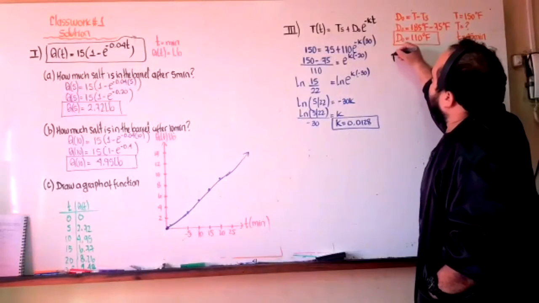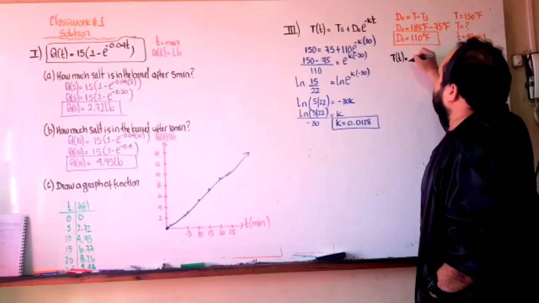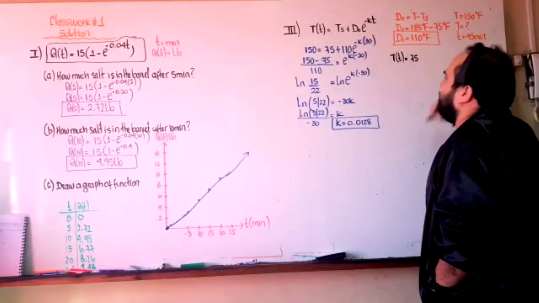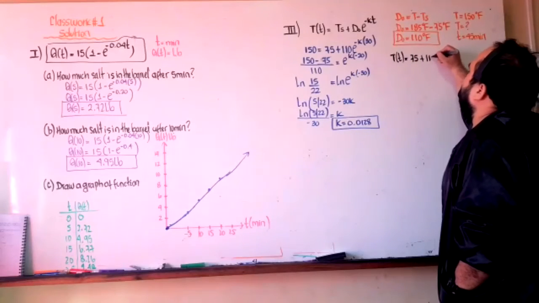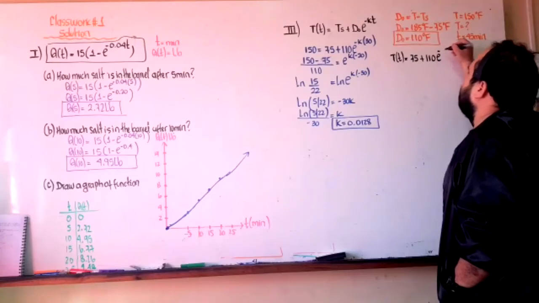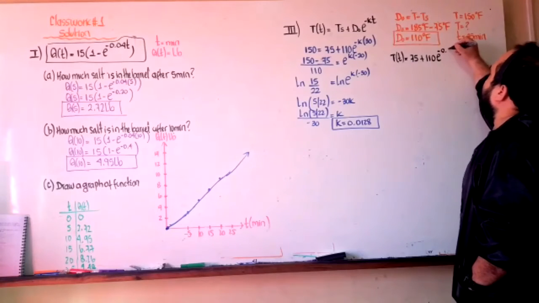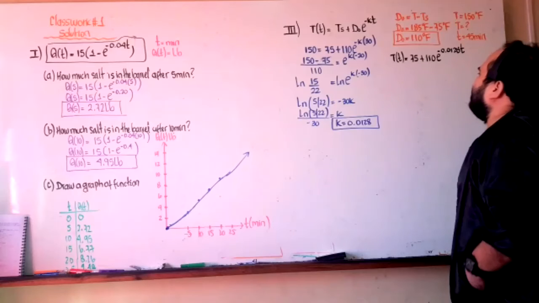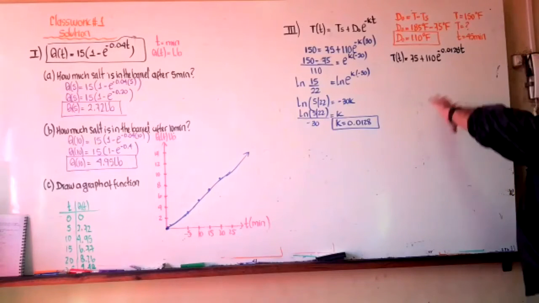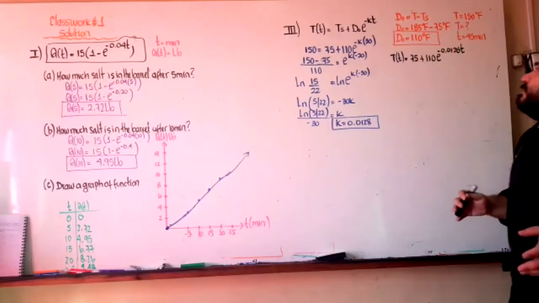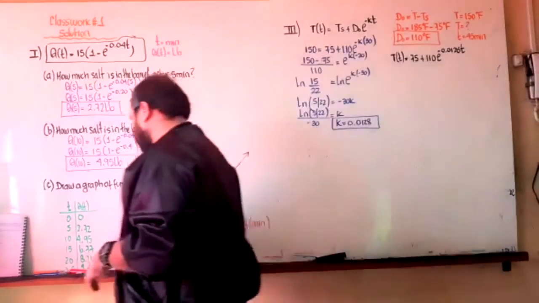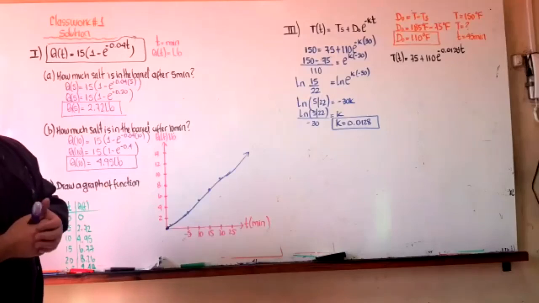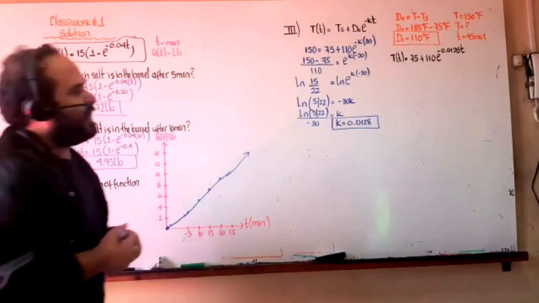T(t) equals, instead of using Ts, we're going to use 75 plus 110 e to the negative 0.0128 times t. We have the modeling function, the complete modeling function. Now it's time to answer the questions. The first one is, what will be the new temperature when 45 minutes have passed?